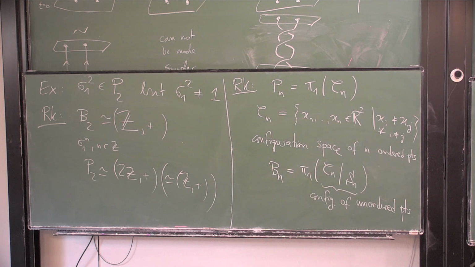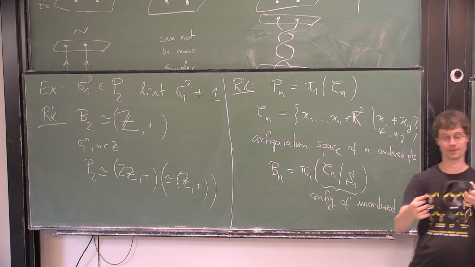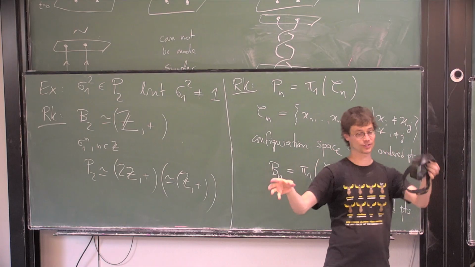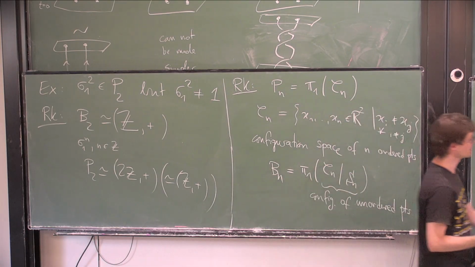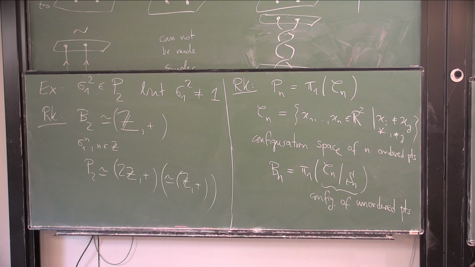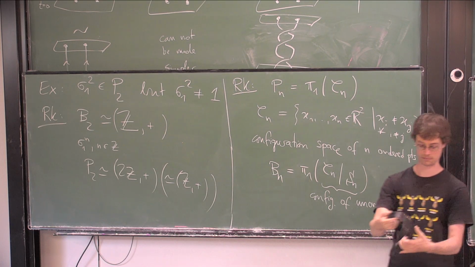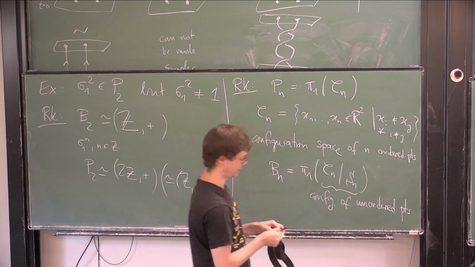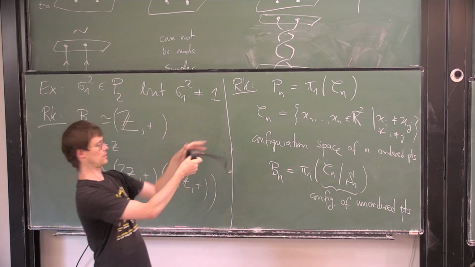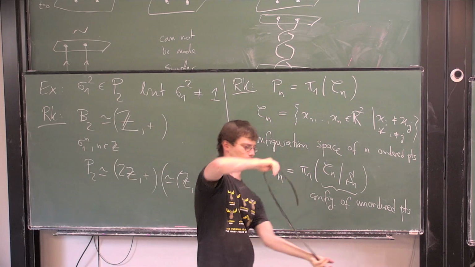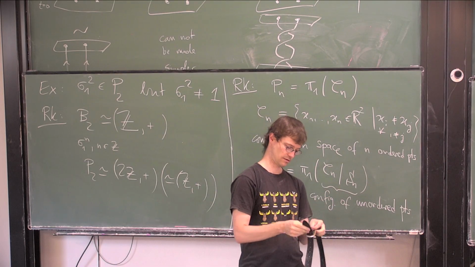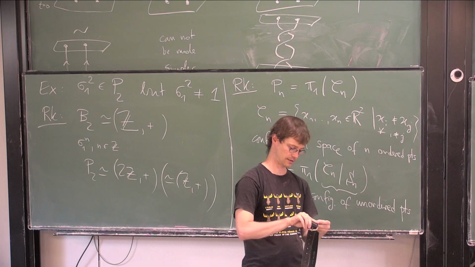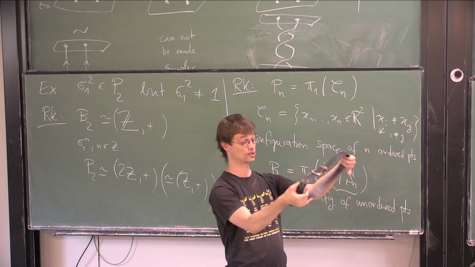But you could imagine that you have maybe several objects of this type, and then you can knot each of these objects, and you can also knot them one into each other. And at the end, considering up to isotopy means that I can wiggle things around. And even if I don't knot it at all, or unknot it, if I just close it like this, I get this famous unknot.